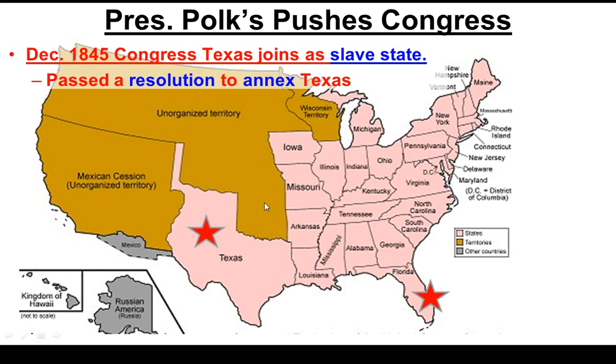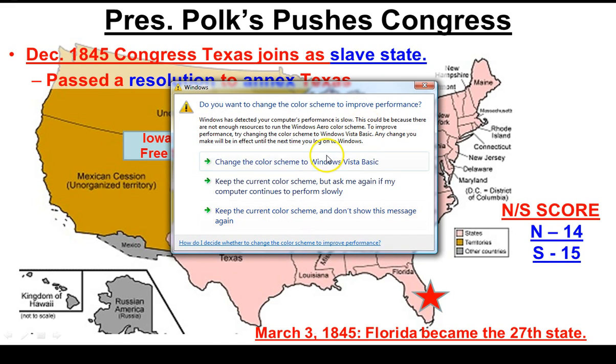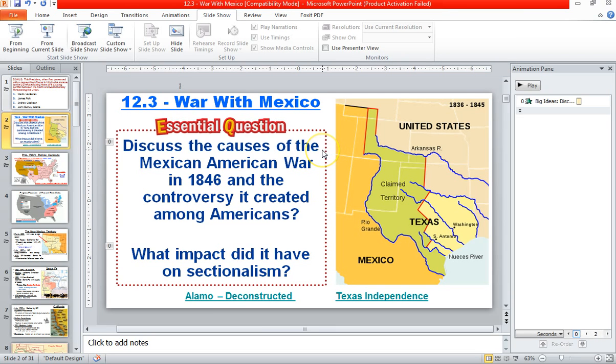Mexico not too happy about this, but this actually was preceded by Florida becoming a state in March of 1845, becoming our 27th state. To balance things out a little bit, Iowa entered the Union as a free state in 1846, and by 1846, we have a north-south score in this contest between sections of the country, set at 14 for the North and a total of 15 slave states for the South.